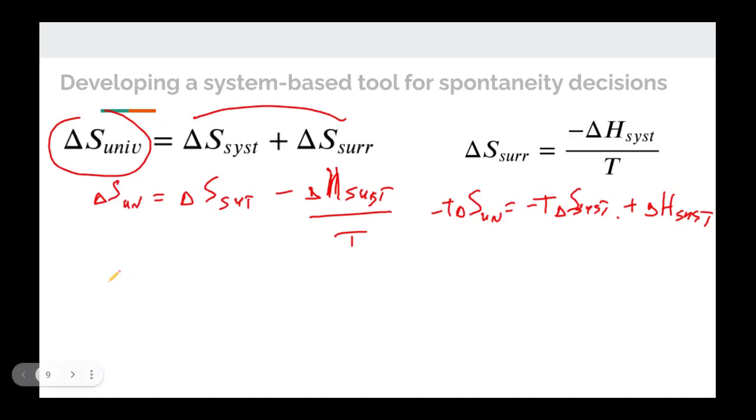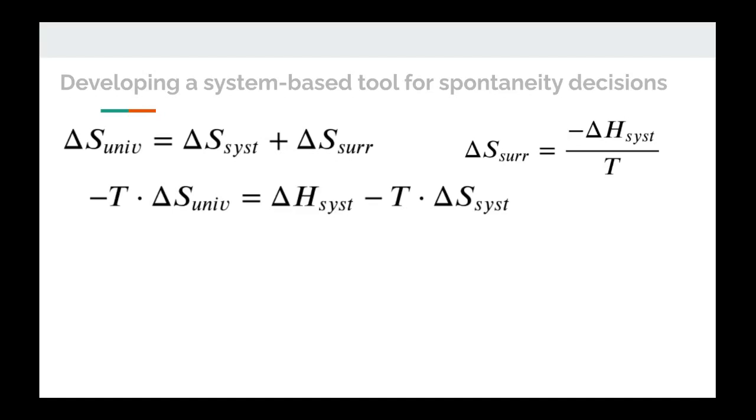Then I'm going to rearrange a little bit. Negative T times delta S for the universe is equal to delta H for the system minus T times delta S for the system. So that's what I just came up with.